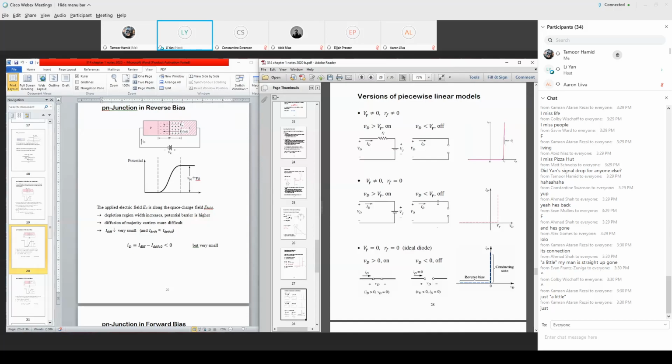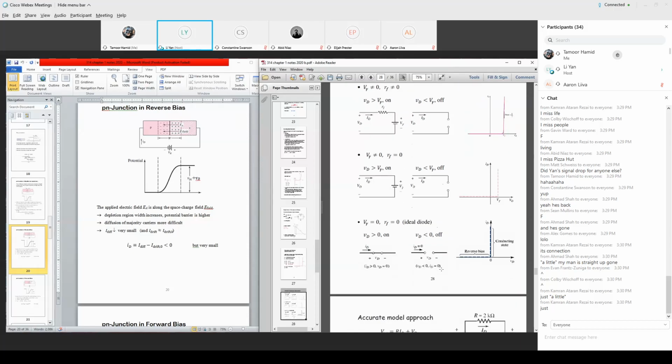So still this line: if RF is 0, the inverse of RF is infinity, so the line shoots up vertically. In this model, RF being 0 means there's no resistance; the diode just has a constant voltage step down of V gamma. When on, it's this model; when off, it's just an open circuit.